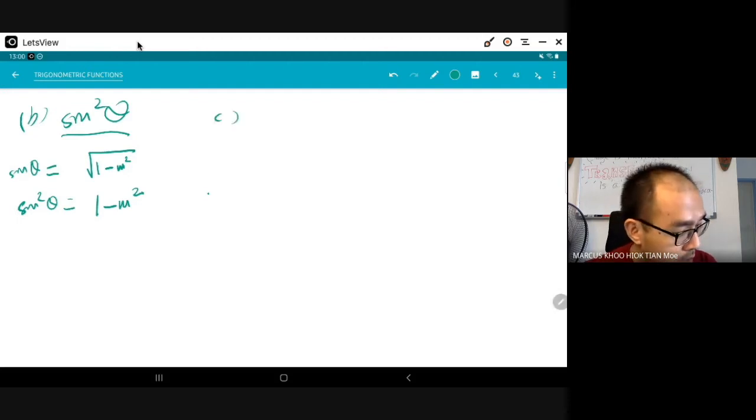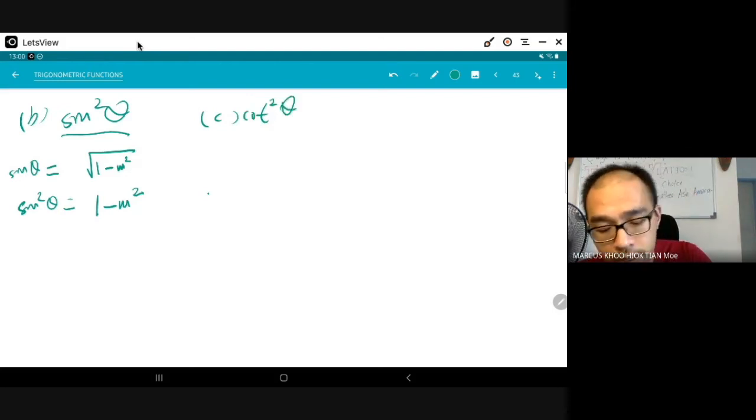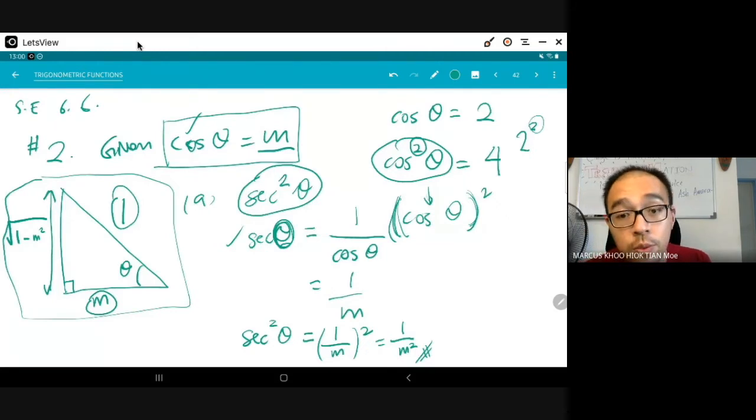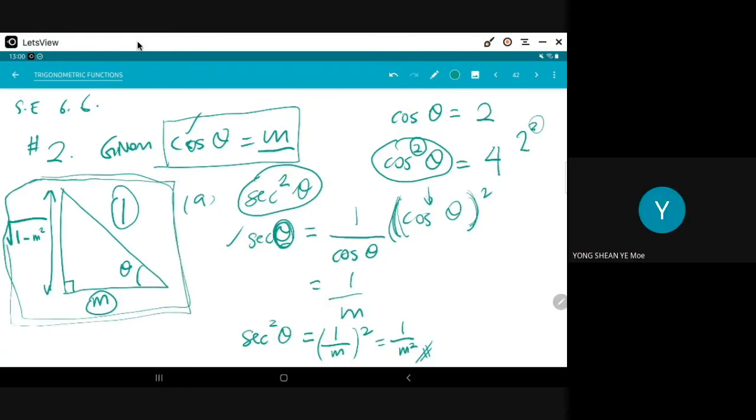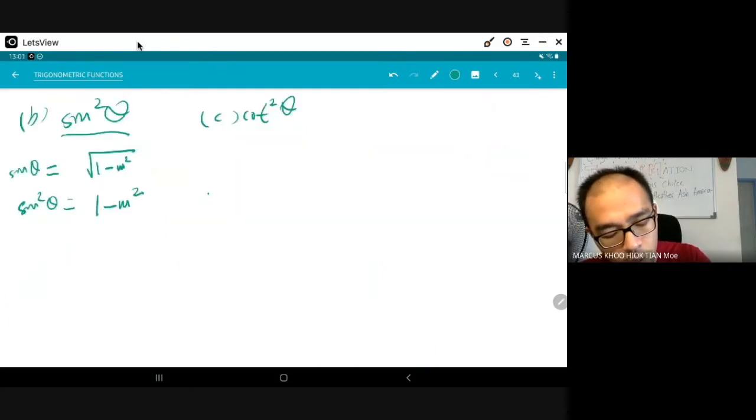Okay, question C, cotangent squared theta. First of all, we need to find tangent theta. What is tangent theta in this case? Square root 1 minus m squared over m. So tangent theta is square root 1 minus m squared over m.